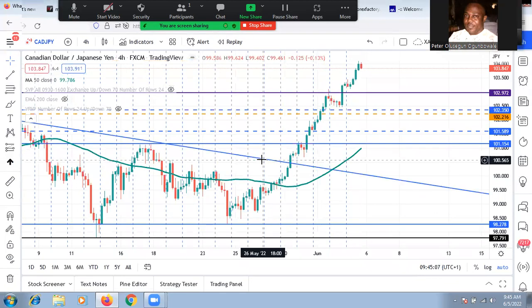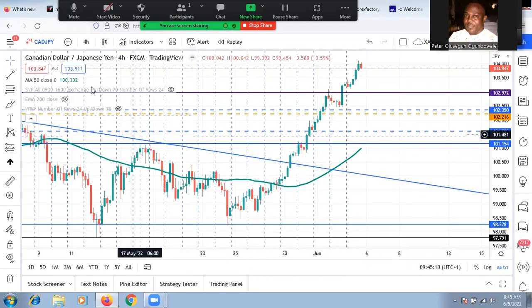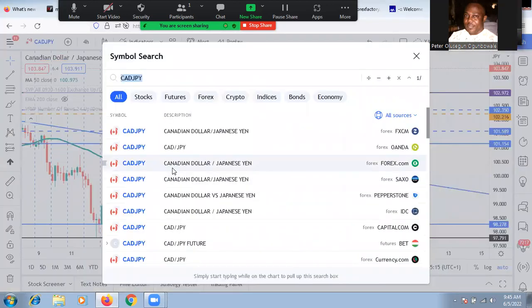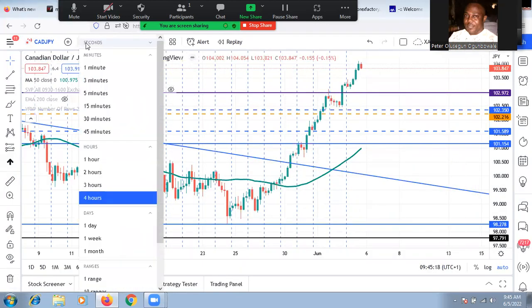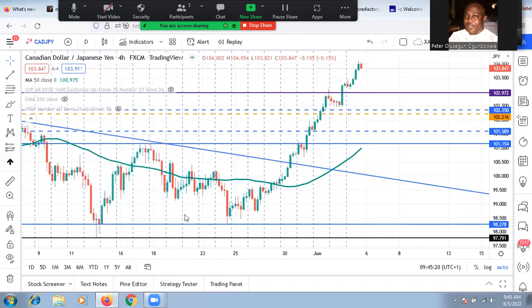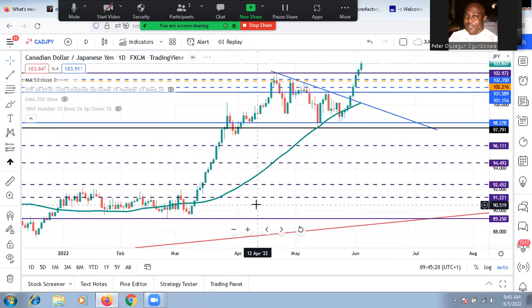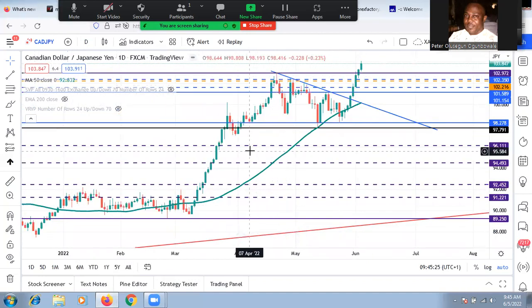CAD yen. Now you knew that we were correcting this wave, and this was actually 5-1 here.